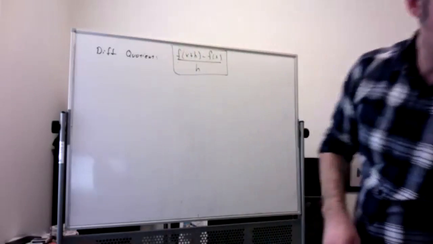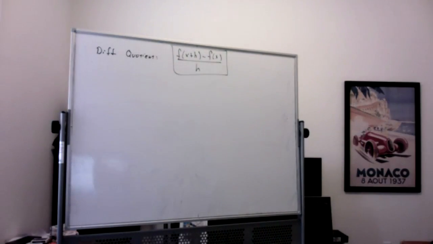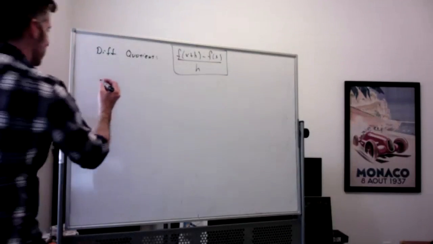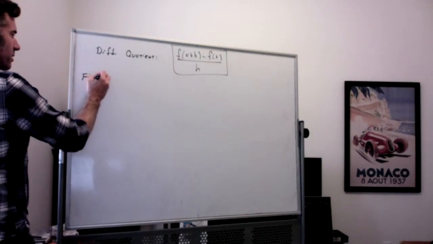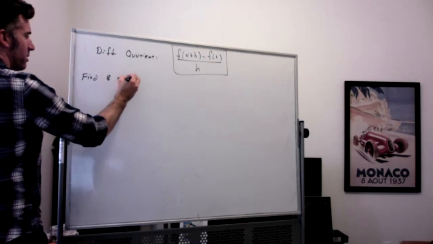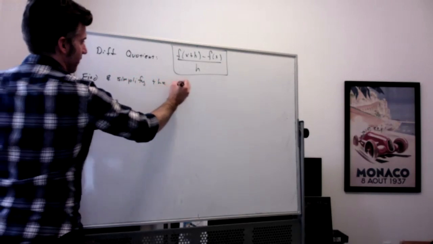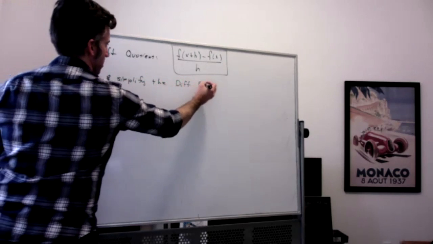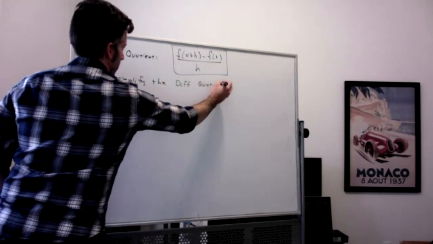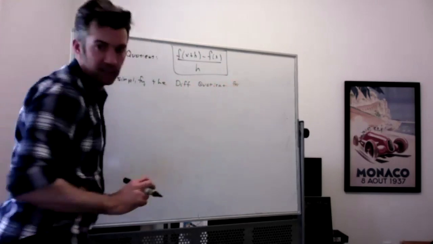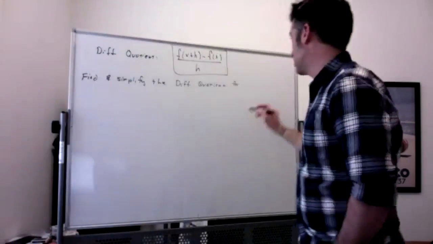So for example, I could ask to find, say, the difference quotient. Typically the words you say are find and simplify the difference quotient for the function, let's say f of x equal to 5x plus 3.